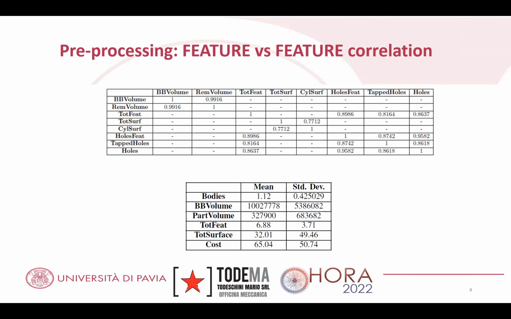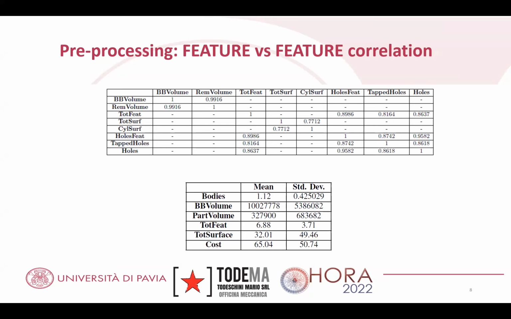Furthermore, we also performed the feature versus feature correlation in order to understand the relation that we had between the features. And from this table, we can see that some of them are highly correlated, and we have to consider that two features with high correlation cannot be used as input variables of the network at the same time.